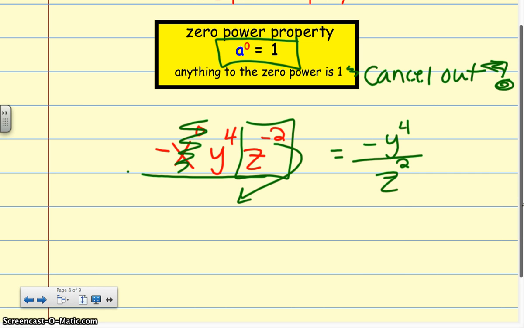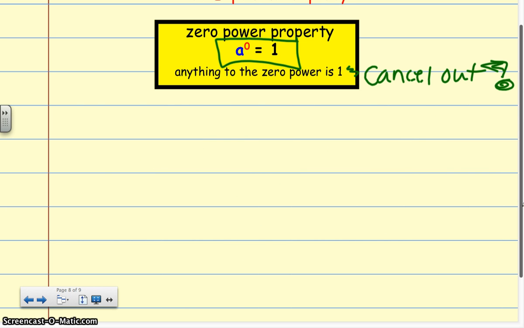So my purpose to do this example is that this negative does not cancel out. The only way that negative would cancel out is if I had something like this. Negative 3, see how that's in parentheses? That means this whole thing to the 0 power, which would be 1.